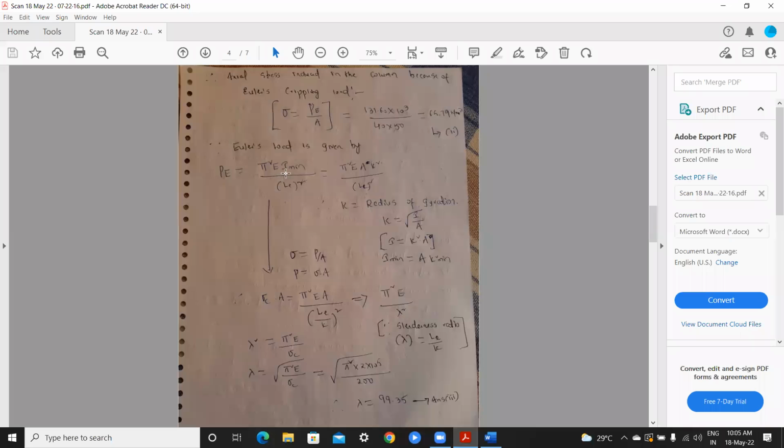Pi square E I minimum by L effective, meaning effective length.